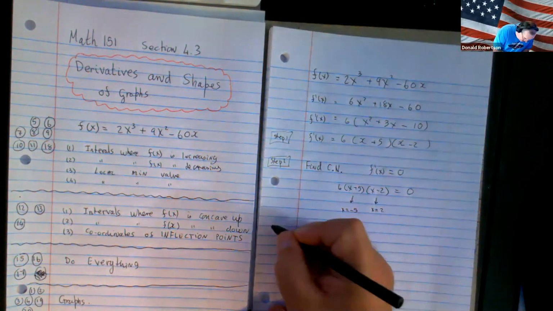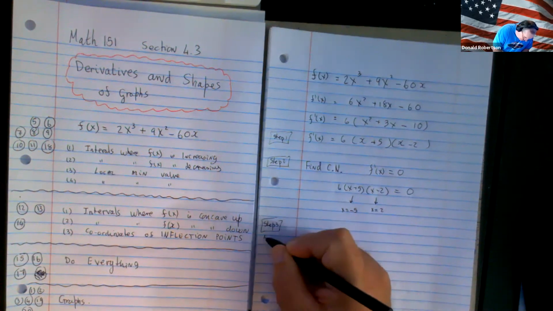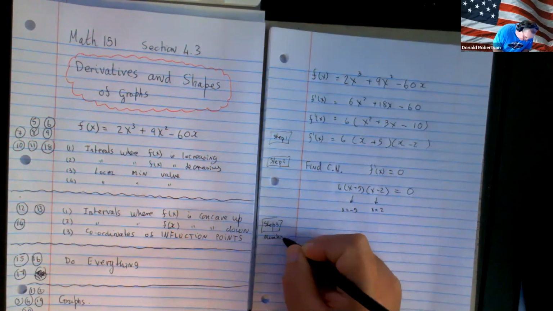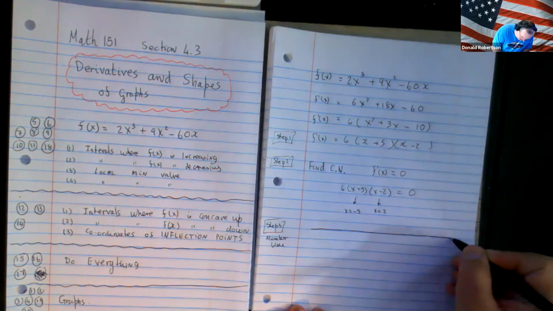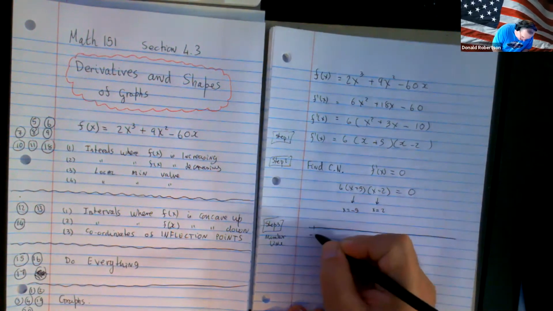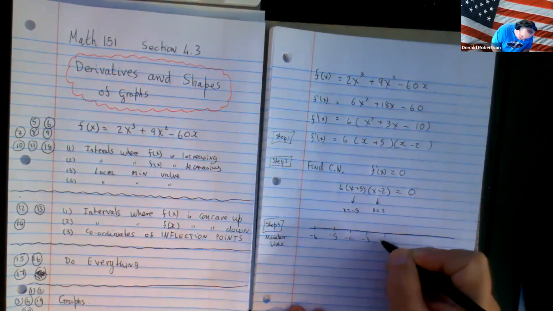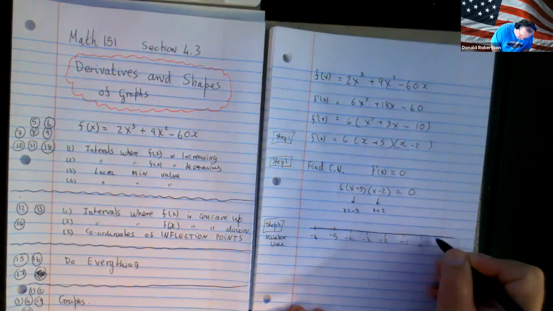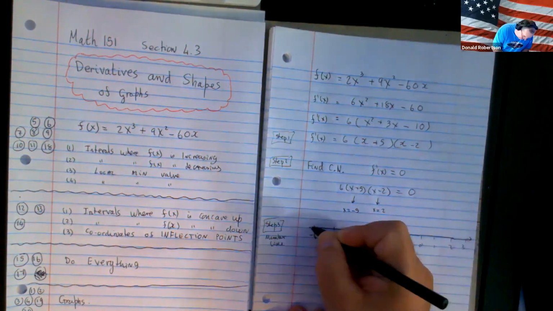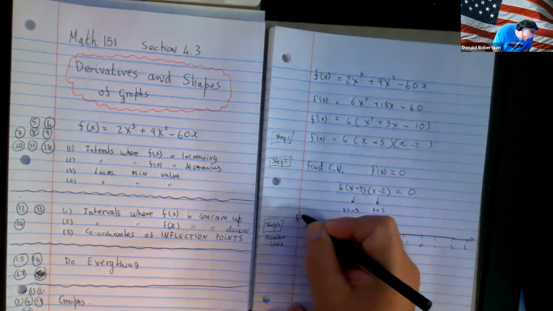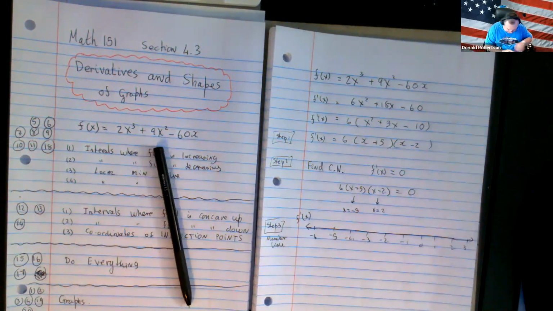So step 3 is we do a number line. And on this number line, I'm going to make sure that I've got -5 in it. And this number line is going to have information about the first derivative.